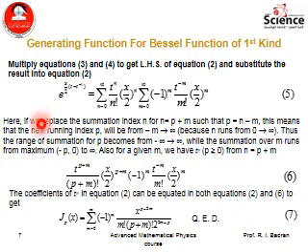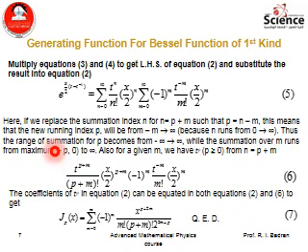If we replace the summation index n by p plus m, this means that the new running index will be p instead of n, and will go from minus m to infinity, because if we put n equals 0, then the new running index starts from minus m, and if we go to infinity, the final running index is infinity.